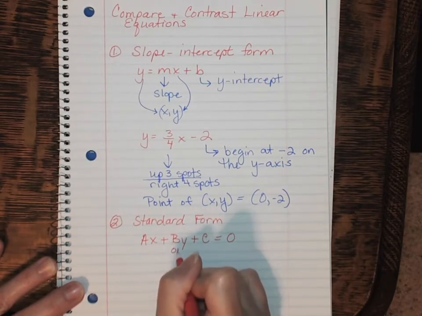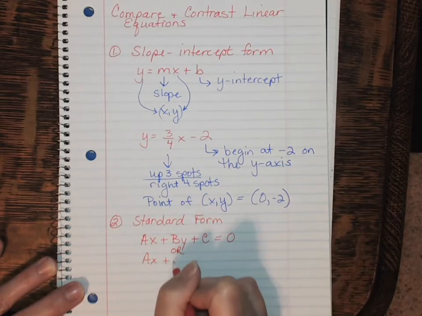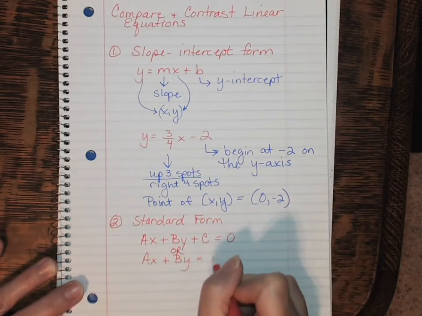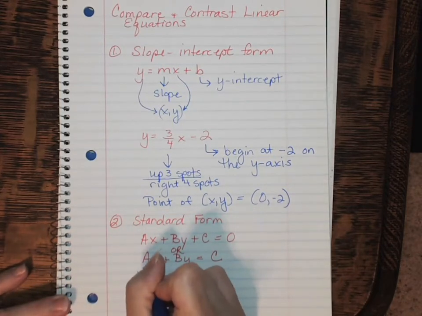You can also write it ax plus by equals c. So what do we know from this? We know that whatever number is to the left of the x, that represents our slope.